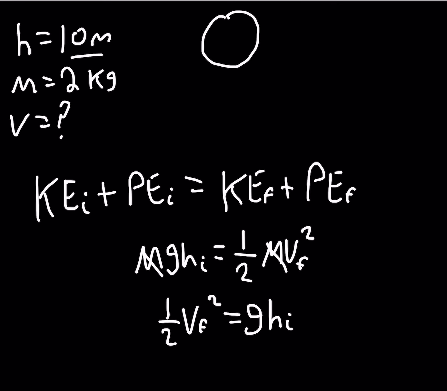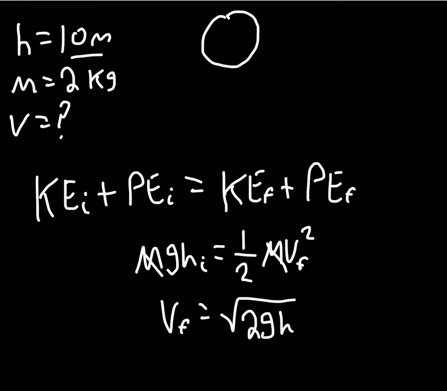Let's multiply by 2 on both sides to cancel out this 1/2. And let's square root everything. And that will end up giving us, just using some algebra here, that v final is equal to the square root of 2 times g times h.